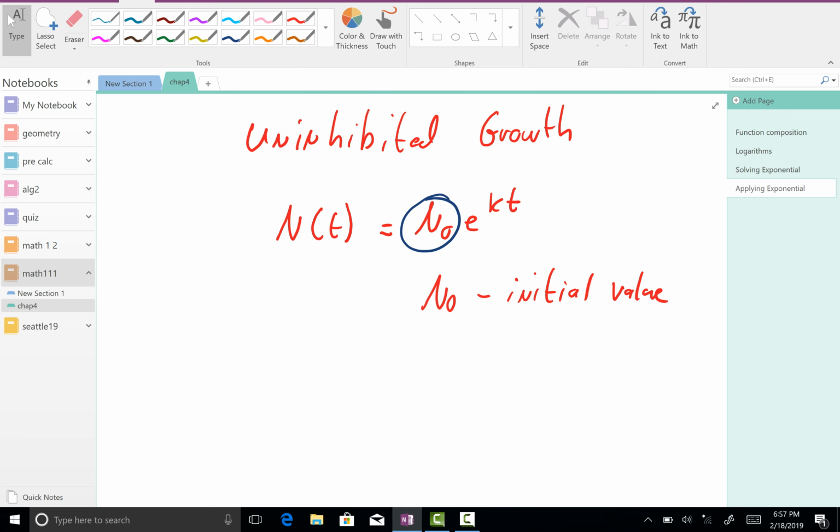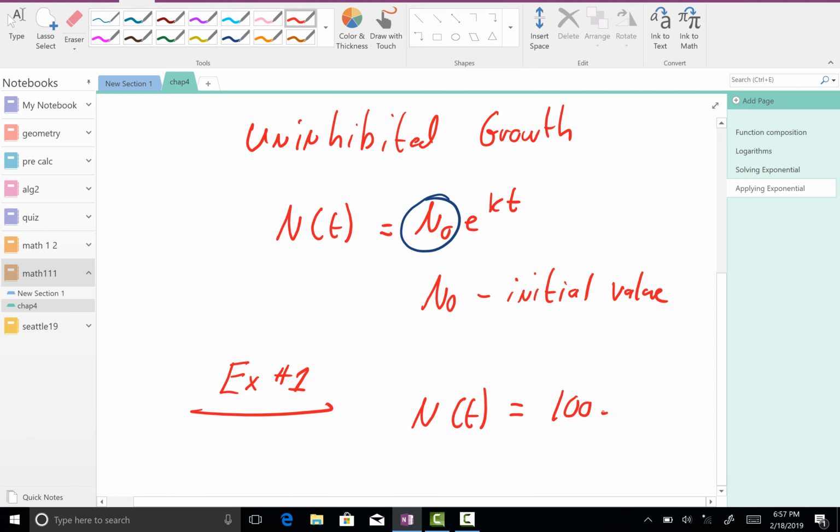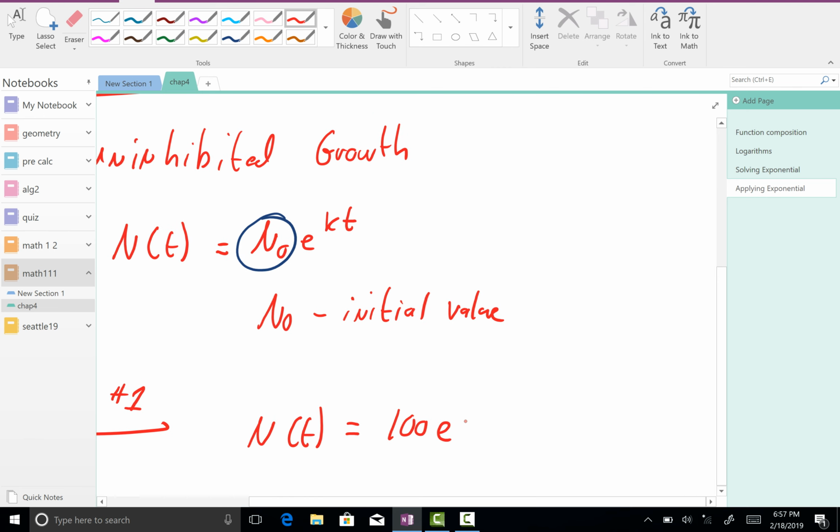So they have an example 1 here, and it talks about a colony of bacteria, and they give you the equation.